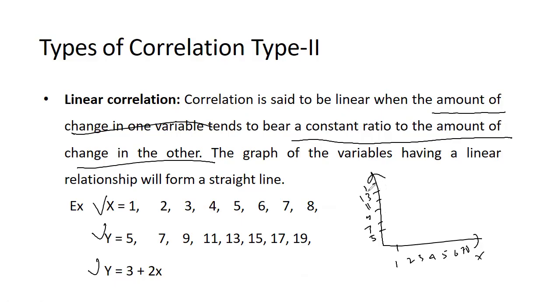This is a scatter diagram. If you put 1, the value will be 5. If you put 2, the value will be 7. So it's a straight line between the two variables.